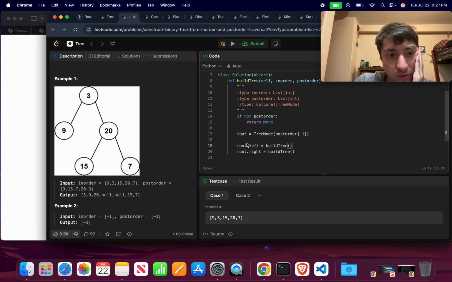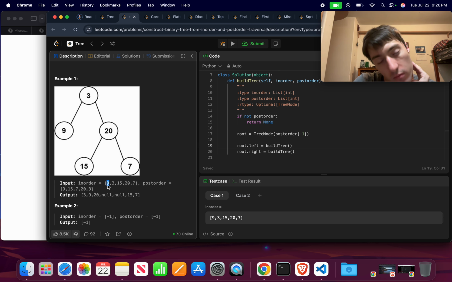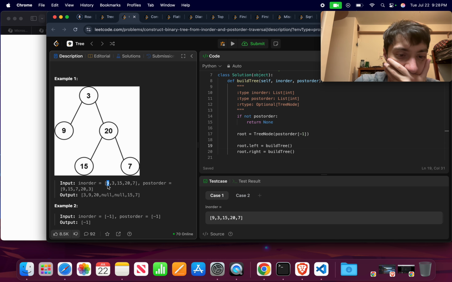So I want the left here. So I only want this one here, right? No, this post order.